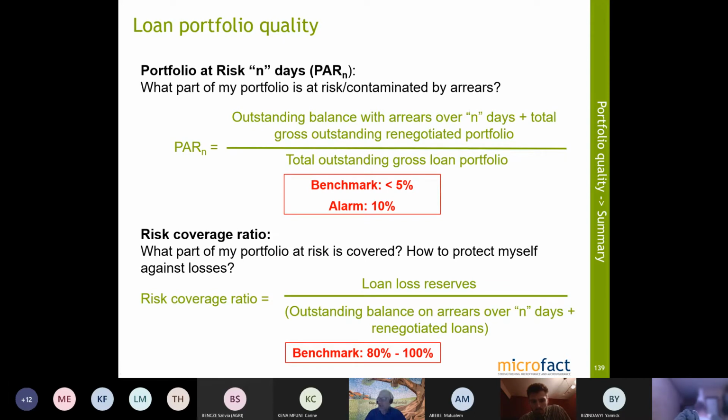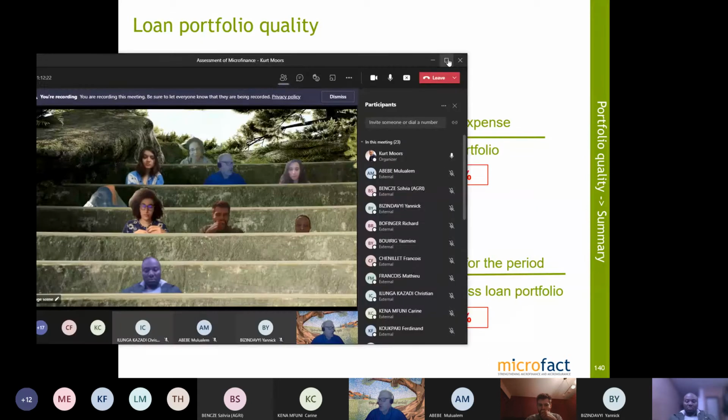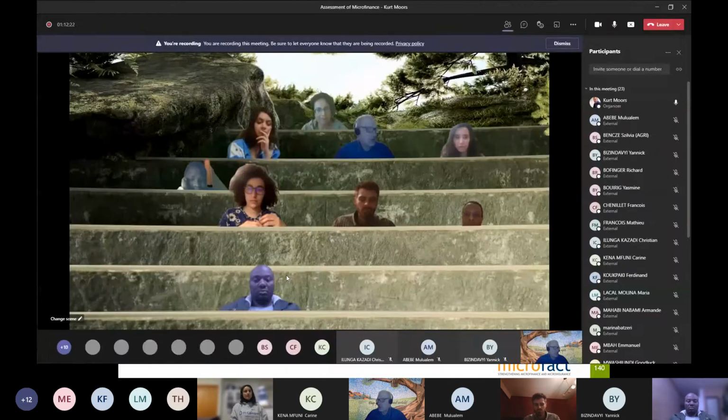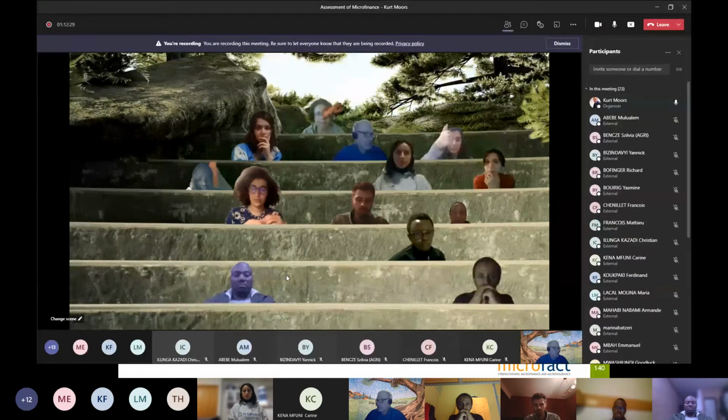I have given a summary of these indicators, so definitions, including the benchmarks in general to give you an idea, are all included in the slides. I'm just looking at all of you regarding portfolio quality. Do you feel comfortable? Okay.